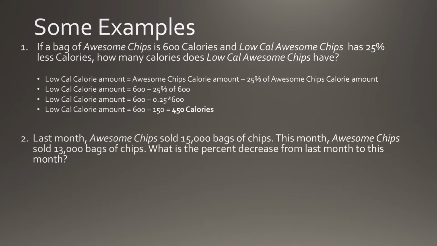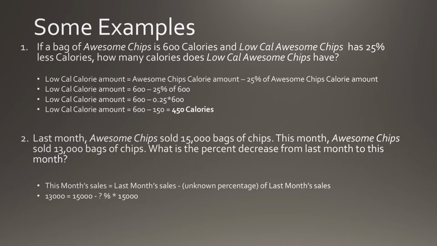We can also have a slightly different kind of version of this question, where we'll say that Awesome Chips last month sold 15,000 bags of chips, but this month they've only sold 13,000 bags of chips. So what's the percentage decrease from last month to this month? Just like before, we have a similar formula. In this case, this month's sales is equal to last month's sales minus some unknown percentage of last month's sales.